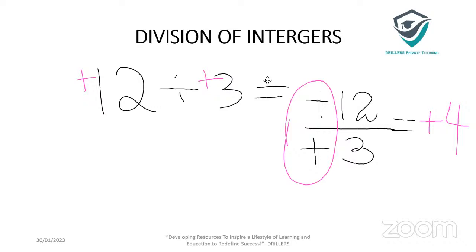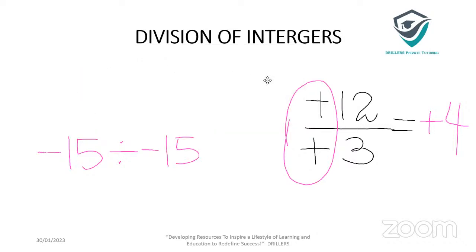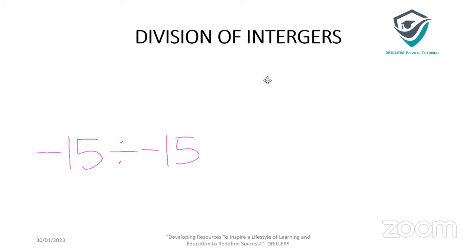Likewise, if I had negative values, so let's say I had -15 divided by -15, I can rewrite it as a fraction. So I'll put negative 15 over negative 15.